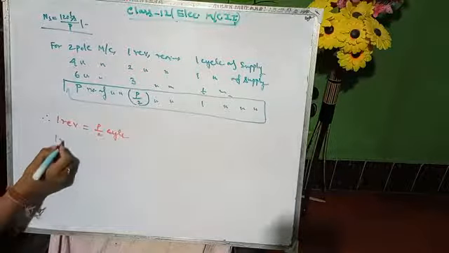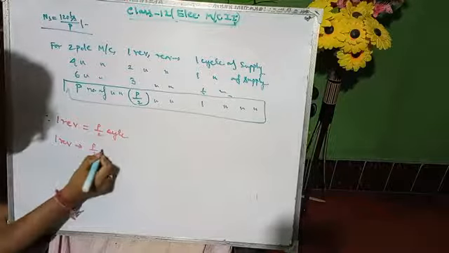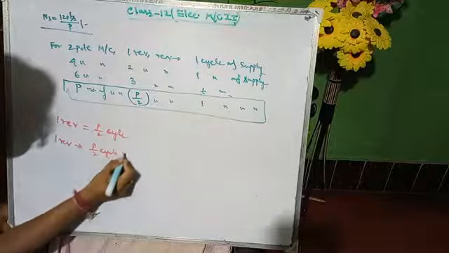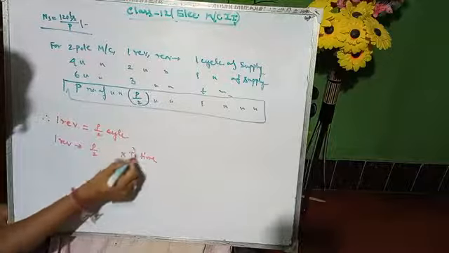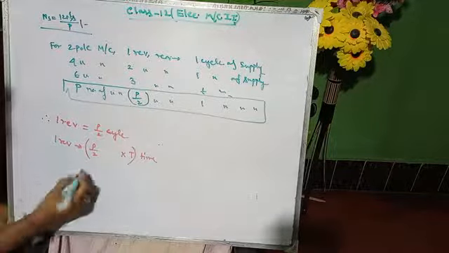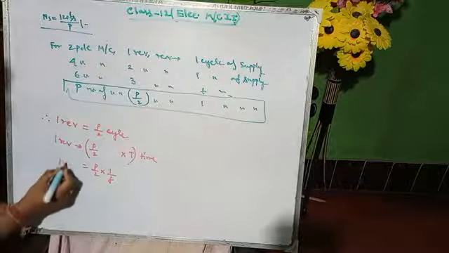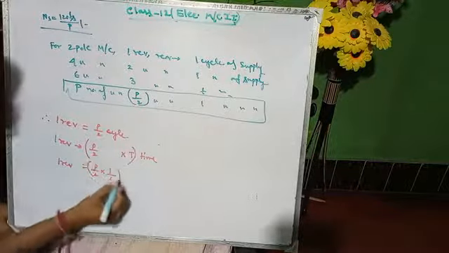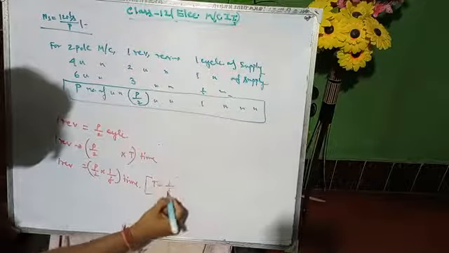And 1 revolution takes P by 2 cycles into capital T time. This amount of time is required to complete 1 revolution. That means P by 2 into 1 by small f, as T equals 1 by f.